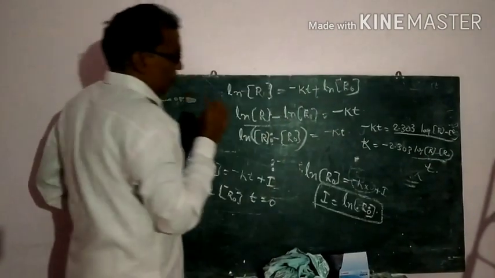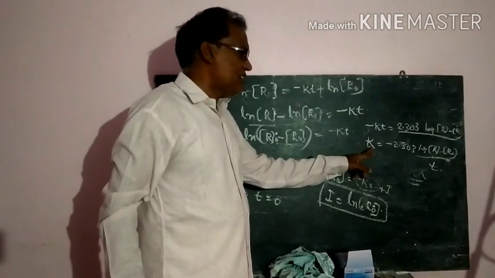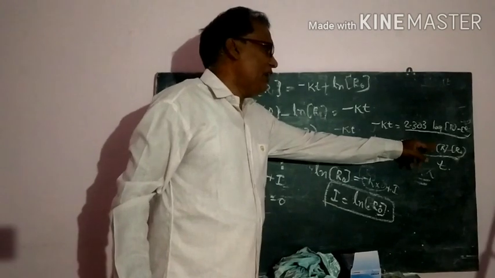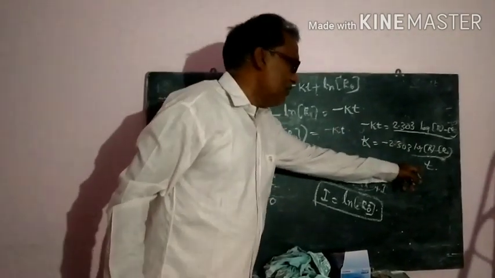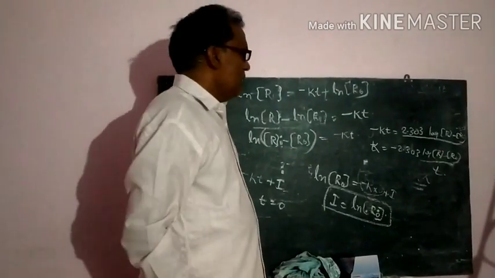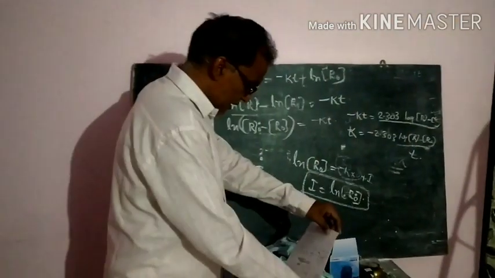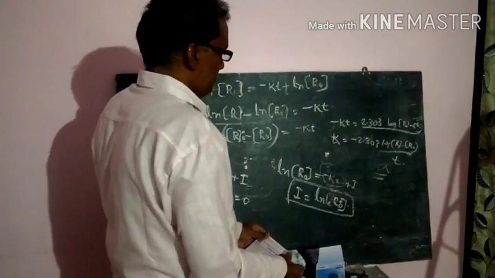So this is the formula we will get to calculate the first order reaction constant k value. Minus 2.303 log R by R0 by t. This is the formula we will get for the first order reactions. So zero order and first order reactions we should know.